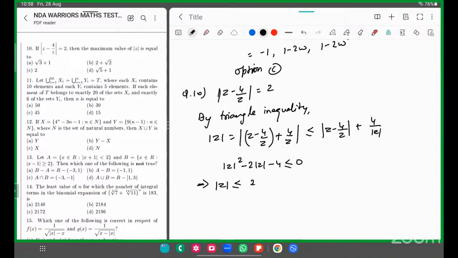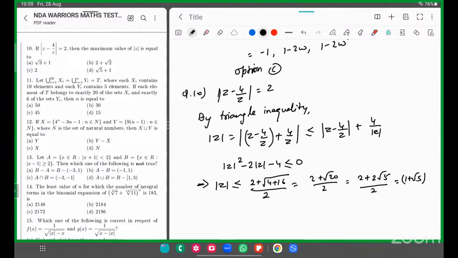It is b plus minus root under, don't take the minus part, only the plus part, under root b square, that is 4 plus b square plus 4ac, that is 16, divided by 2a, that is 2. If you solve it, you will be getting 2 plus root 20 by 2. And root 20 can be written as 2 plus 2 root 5 by 2. You can take 2 common, I will be getting 1 plus root 5, like this.